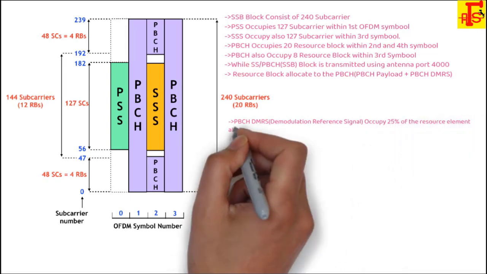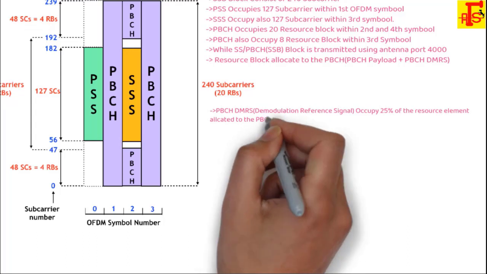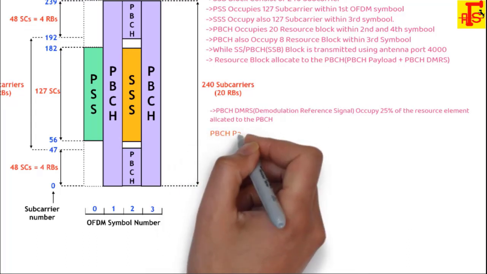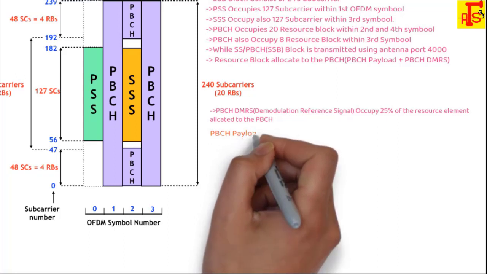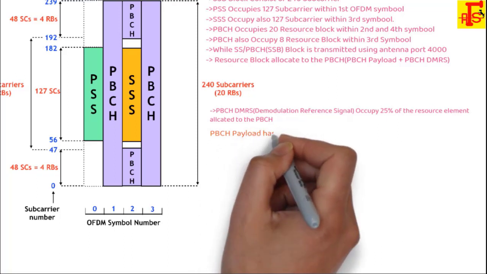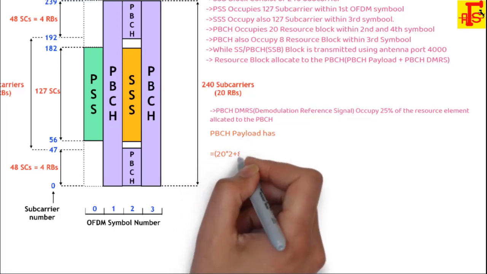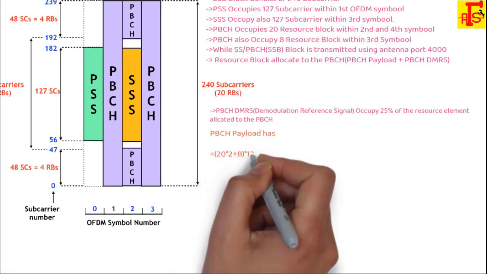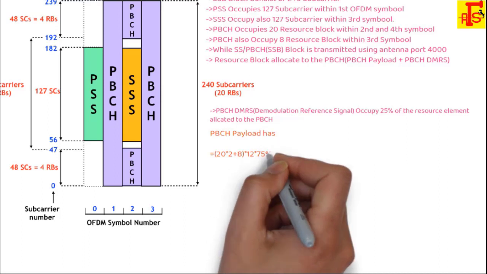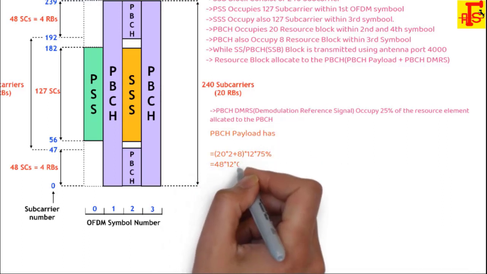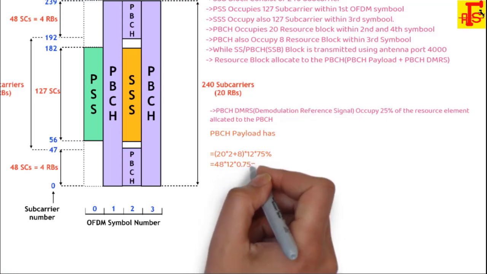So 25% will be utilized for the DMRS. Total RBs: second and fourth symbol 20 RB each, 40 RB, and 8 RB on the third symbol. The 40 plus 8, 48 RB, will be allocated for the PBCH only.